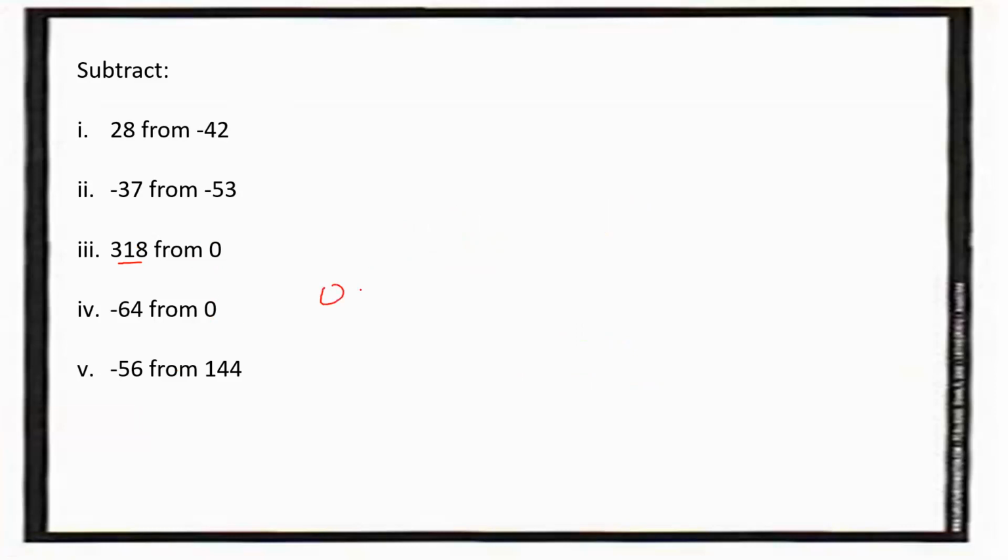So 0 minus minus 64: you can apply the rule here, minus minus is nothing but plus. 0 plus 64 will give you 64 only. This is how it gets reversed.